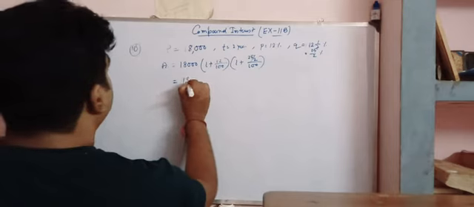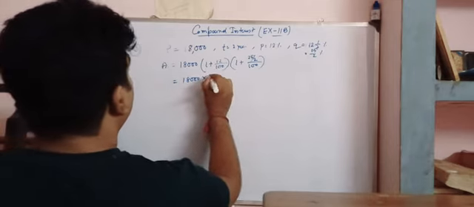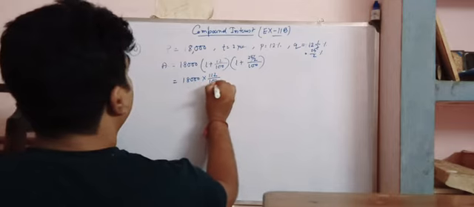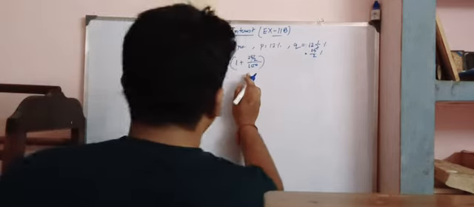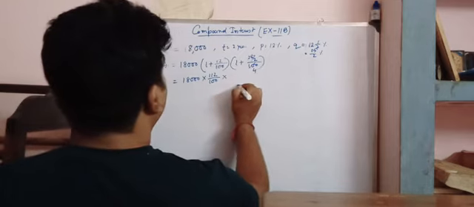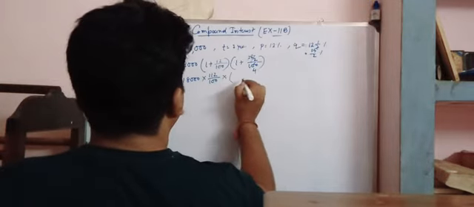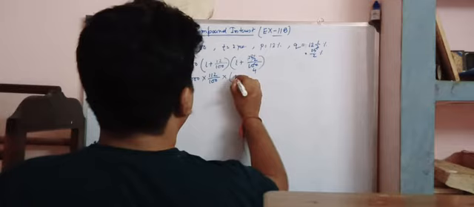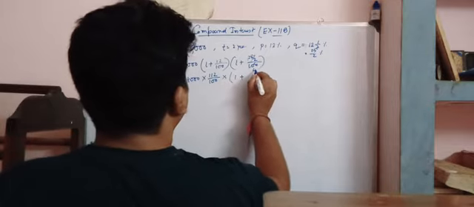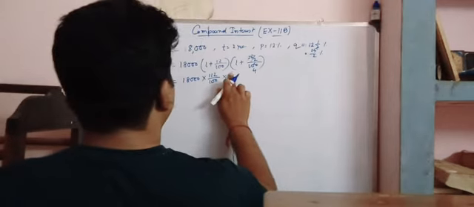Okay. So this is 18,000 into, 1 plus 1 by 9 by 8, I think.